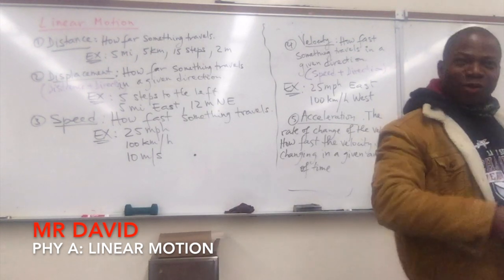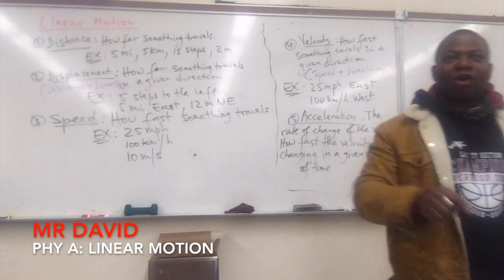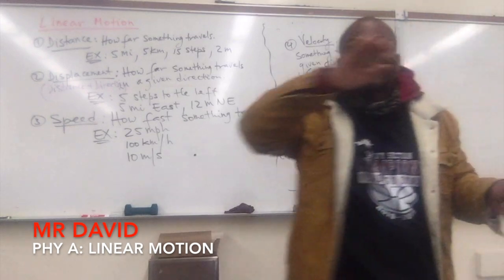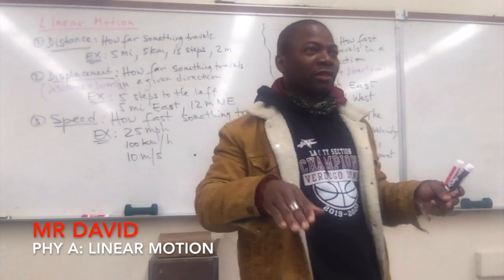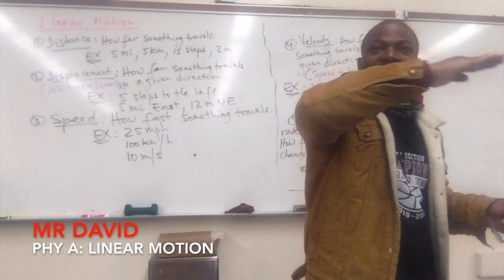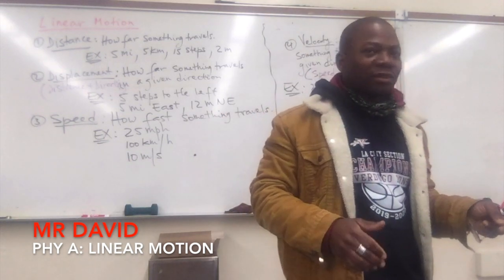Write it down. Remind me on the test to give you +2. Write it down, guys. When the velocity is constant, when there's no change in the velocity, when the person is going at the same speed, then there's no acceleration.